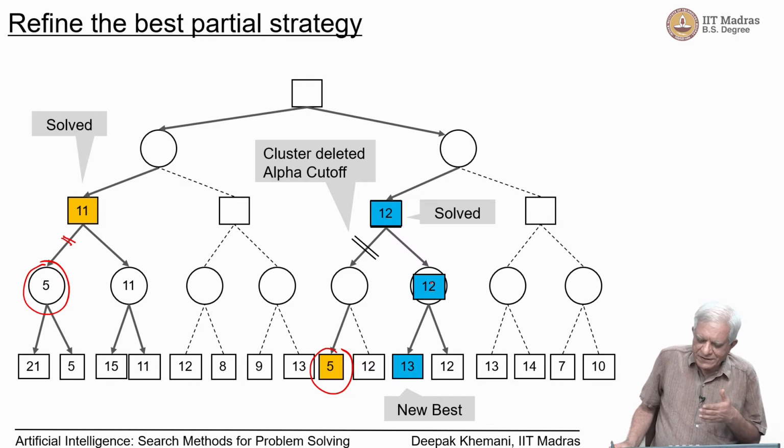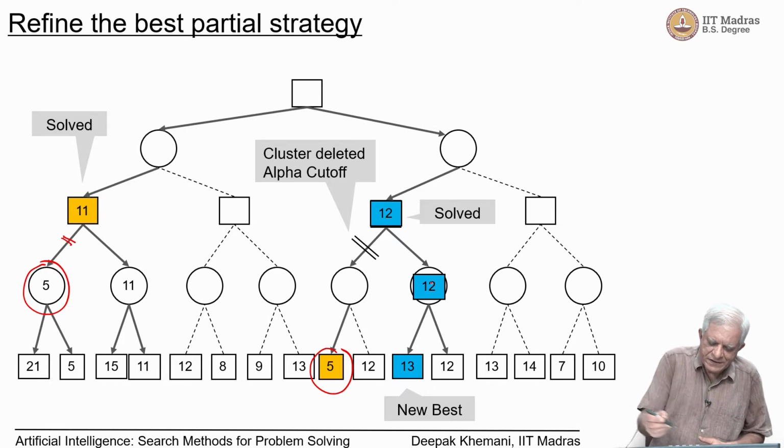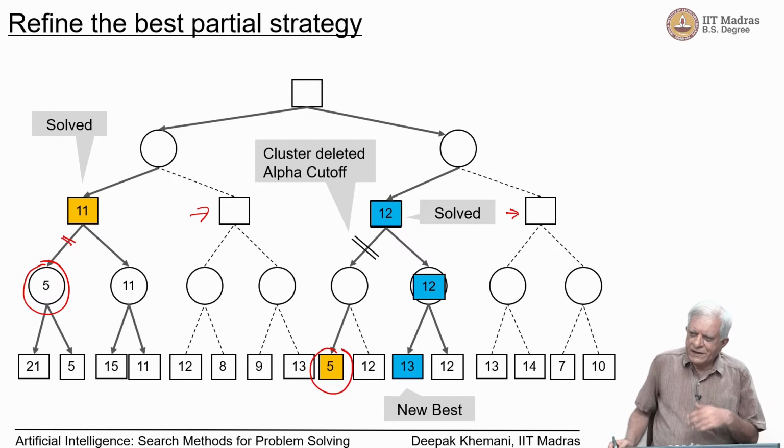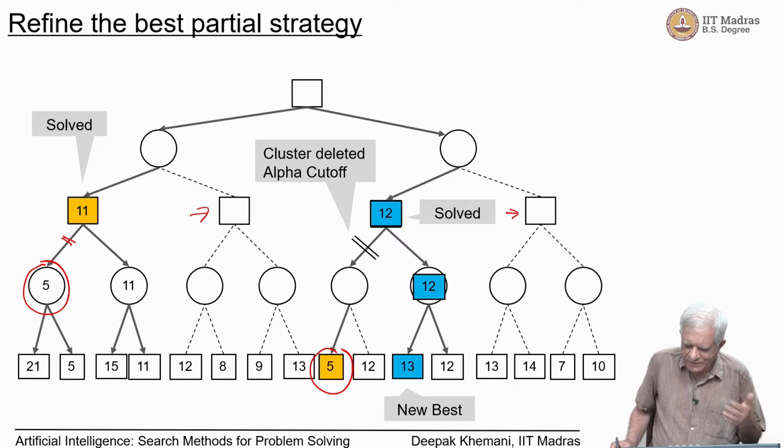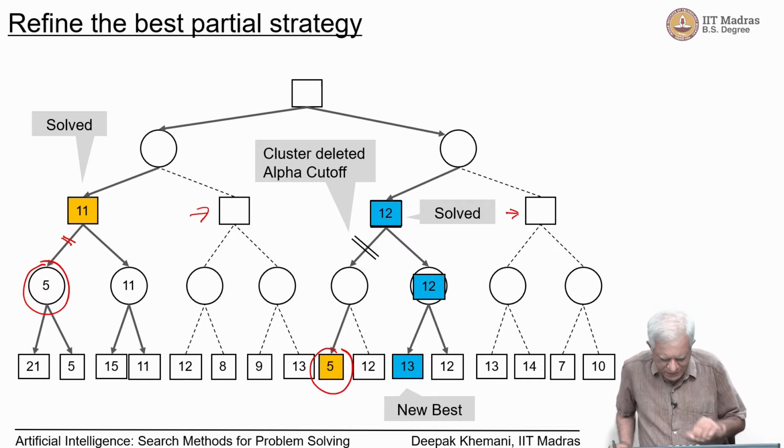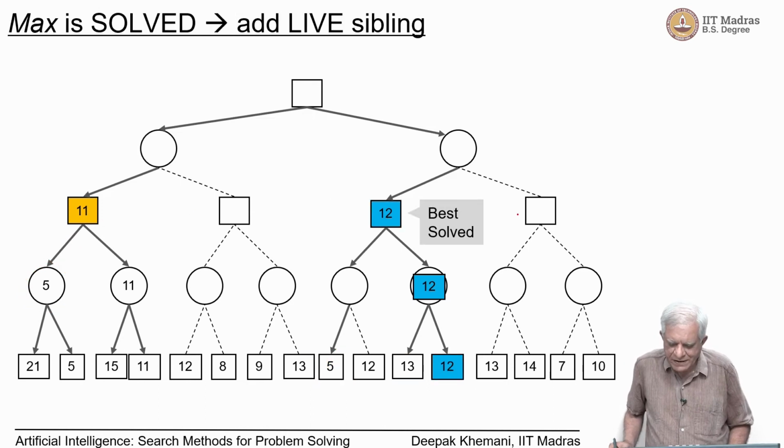So, if the siblings of both these max nodes, which are this node here and this node here, evaluate to a lower value, then the min parent in either case will choose that lower value. But we do not know what is there. We only know that 12 looks like the best, because the strategy can go as high as 12, but we need to refine this further.